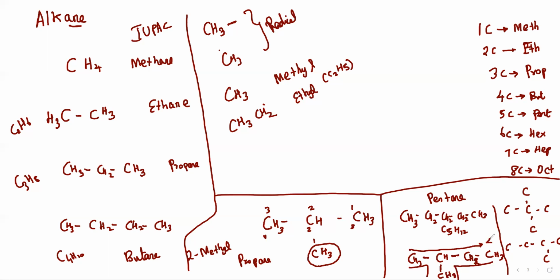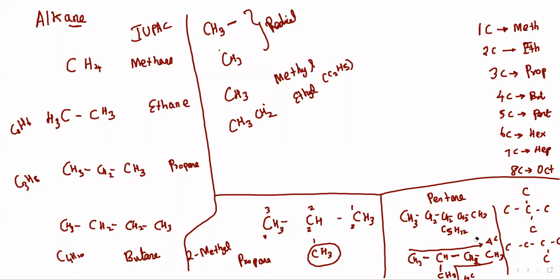So this straight chain has 4 carbon in it. This has also 4 carbon in it. This has only 3 carbon. So you should not consider the 3 carbon as the straight chain. So either you can take the top straight chain or the bottom straight chain. By taking either, you can write the name. Both will be the same only.